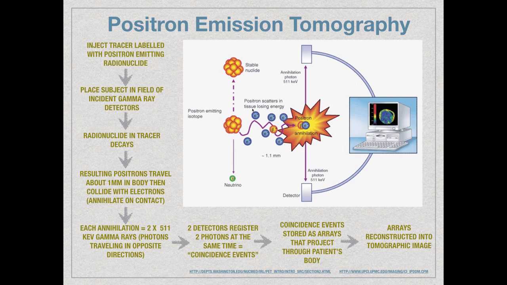And so the positron scatters in tissue, it loses energy. That's your attenuation. And so here's your positron. It annihilates, and when it annihilates, you have a release of photons at 511 kiloelectron volts, always 511, at 180 degrees at the same time.